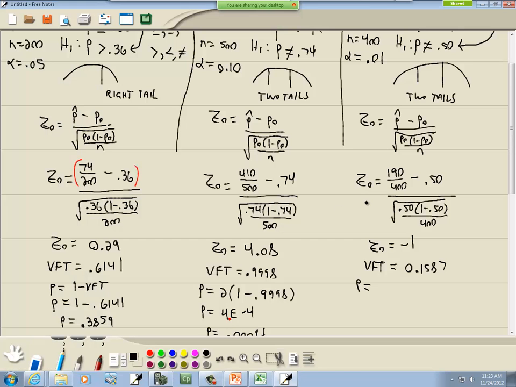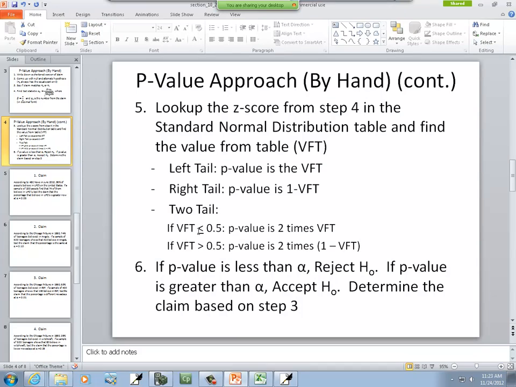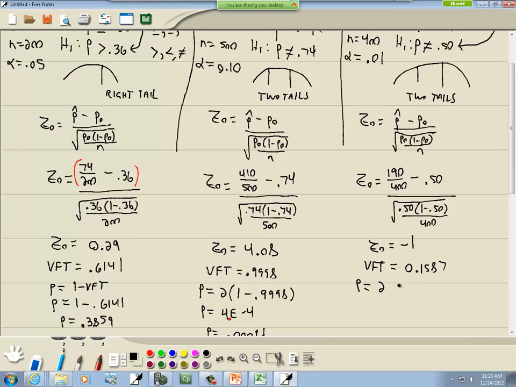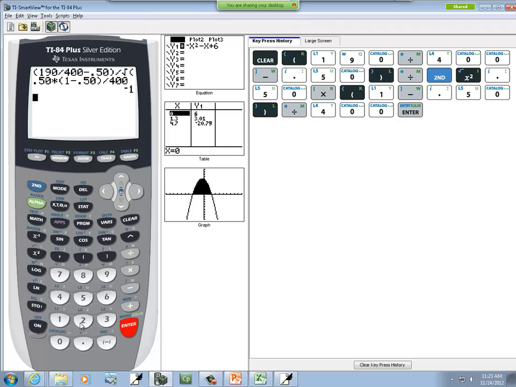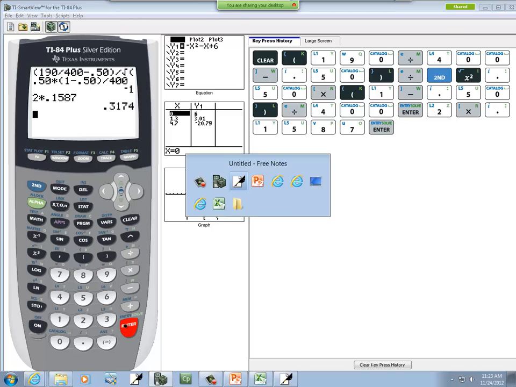So for two tails, it says if the value from the table is less than 0.5, which it is, the p-value is 2 times the value from the table. So our p-value will be 2 times 0.1587. I get 0.3174.